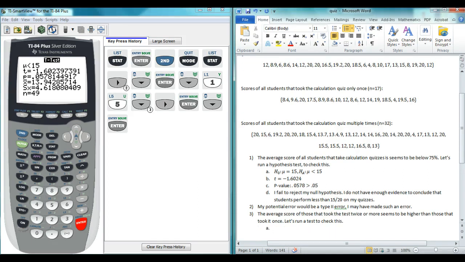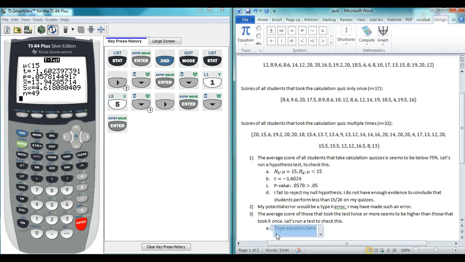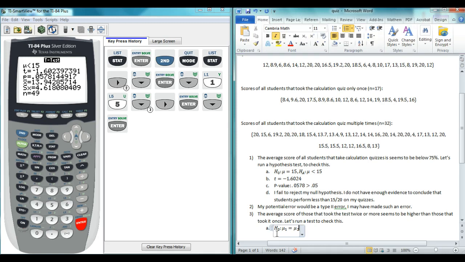So my null hypothesis, H sub 0, would be mu sub 1 is equal to mu sub 2. In other words, I'm presuming that the means of the 2 groups, those who took it once and those who took it more than once, are essentially the same.